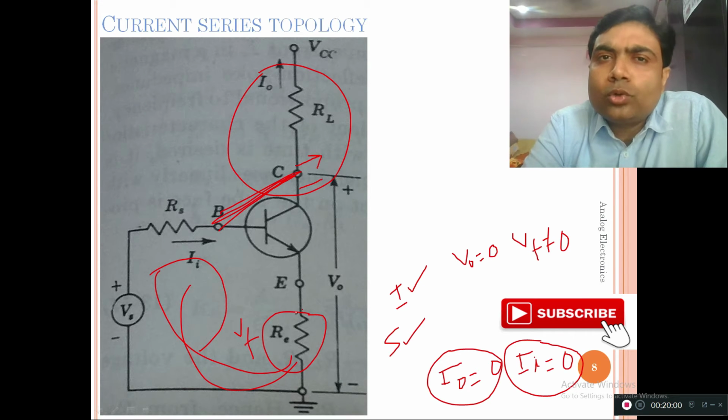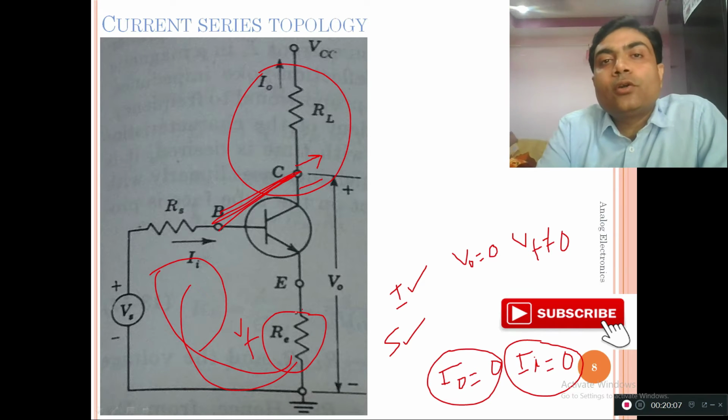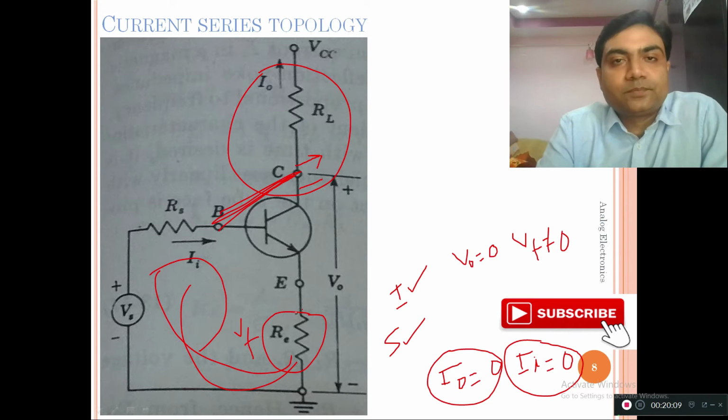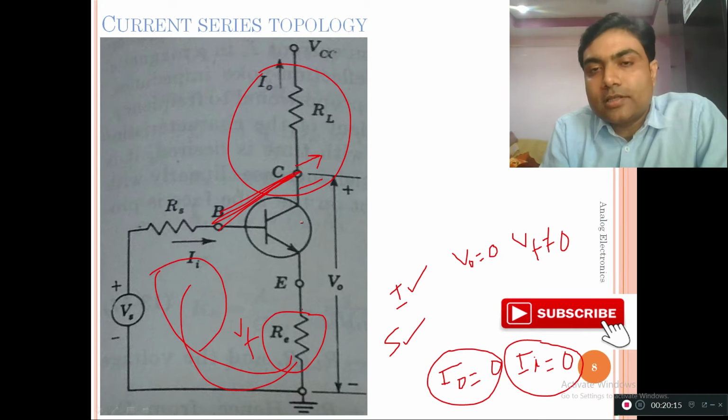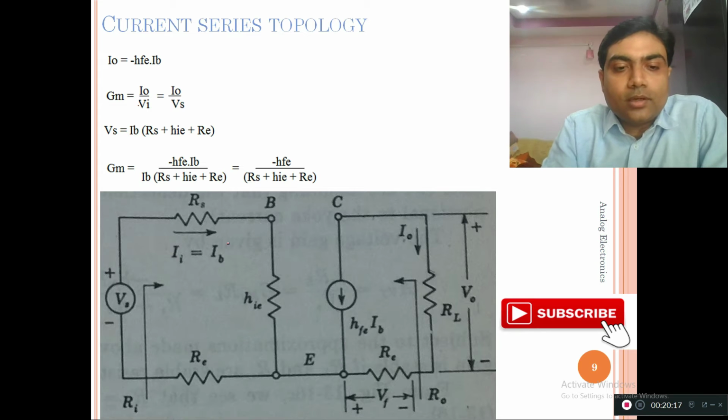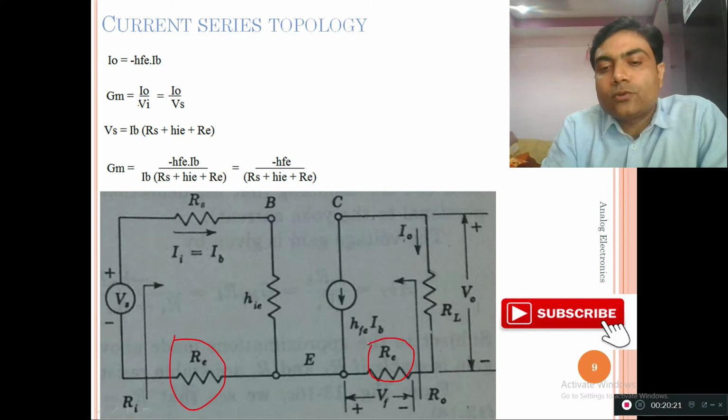So go through the previous lecture and compare that emitter follower circuit with this current circuit to get more clarity. Here the RE is going to be present at the input circuitry as well as at the output circuitry, like we have drawn here, and this VF is present across it.